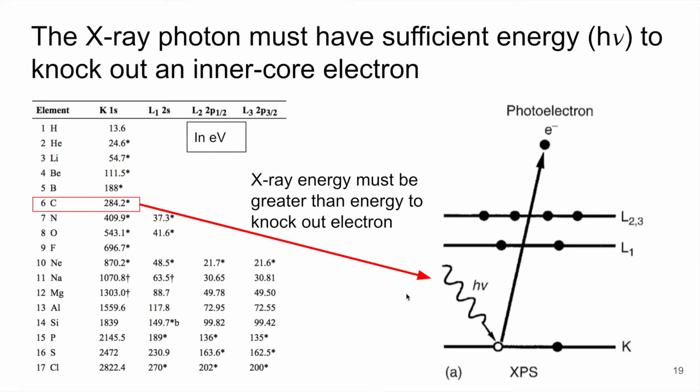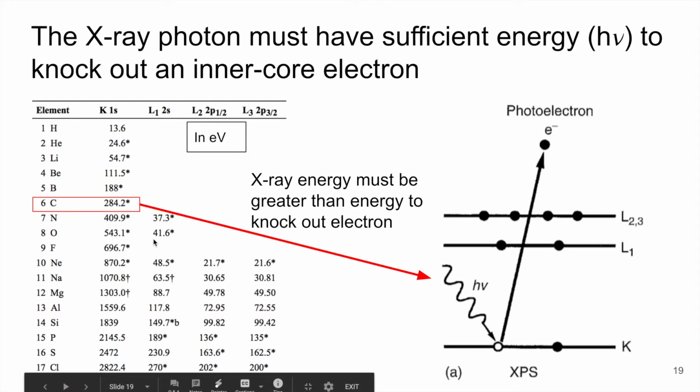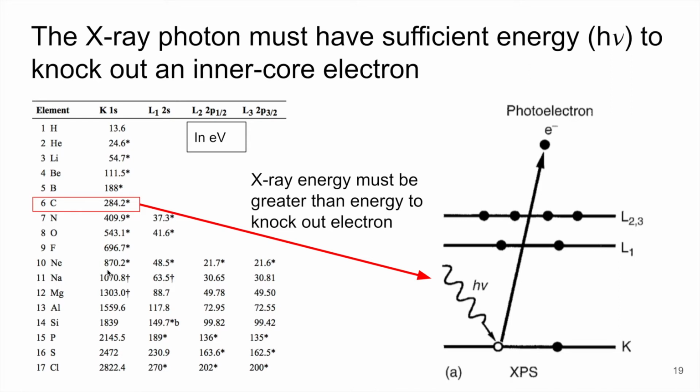So if in looking at the spectrum, I see that something took 284.2 eV to dislodge that electron, then I know it's tied to carbon K 1s. And likewise for all of these. For example, if it was sodium, then I could potentially have multiple: I would have a K, an L, and multiple L's, and so forth.